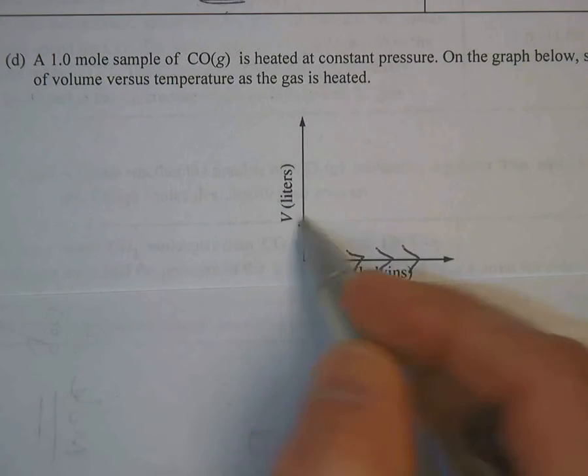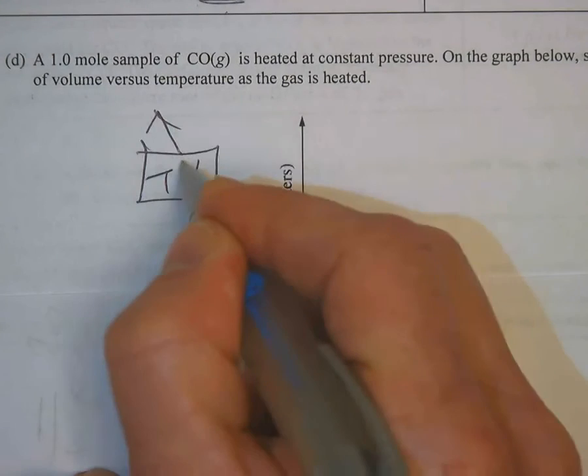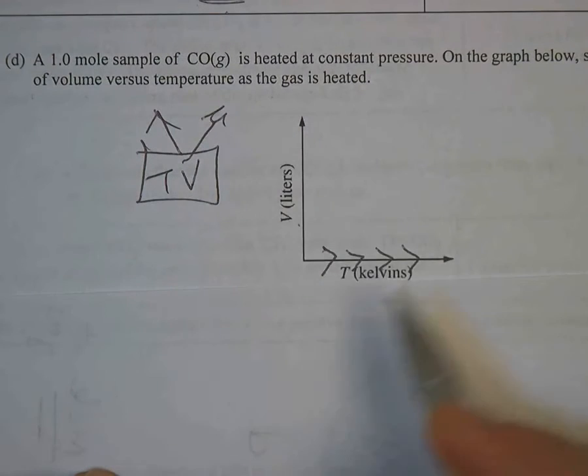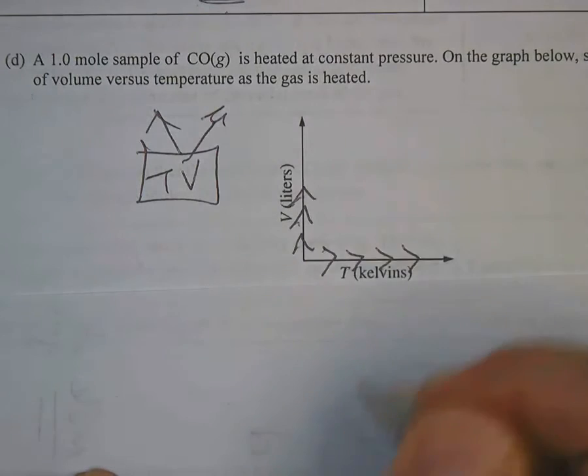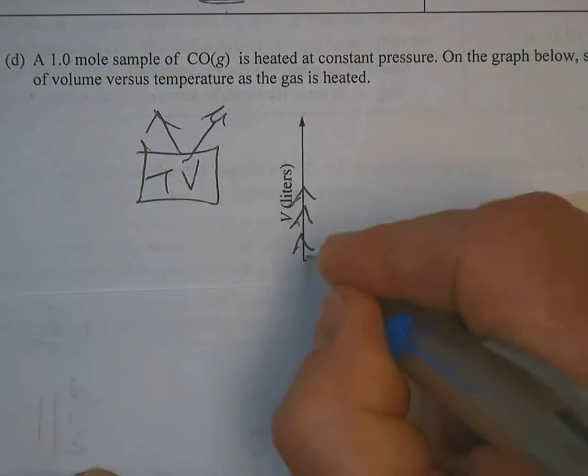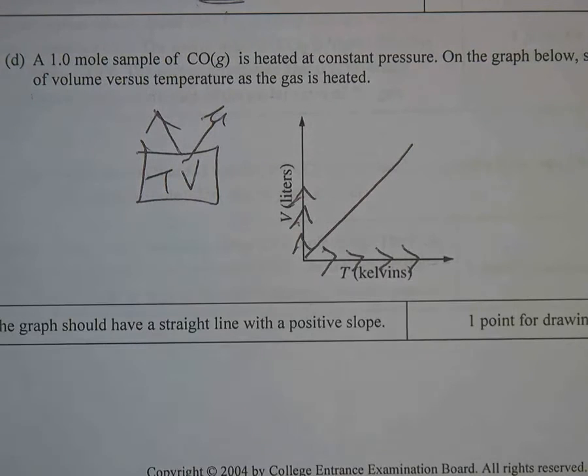Well, remember back to what we just talked about. Temperature and volume have what's called a direct relationship. One goes up, the other goes up. So as temperature goes up, the volume of a gas goes up as long as we're at constant pressure. And so I'd have to draw a line like this, indicating that as temperature goes up, volume goes up. The graph should have a straight line with a positive slope, is what they said on the scoring guidelines that year.